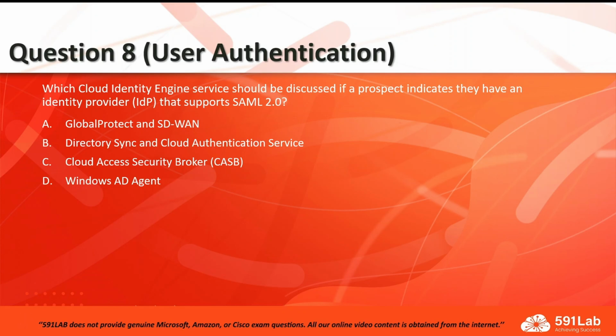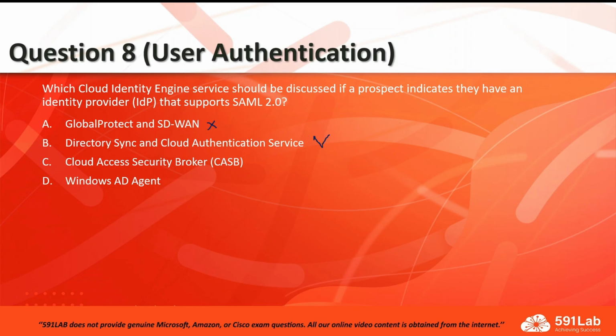From option A, whether we need to discuss the Cloud Identity Engine if we use GlobalProtect and SD-WAN, the answer is no, because it is not the direct approach for the SD-WAN solution. And then we go to option B, Directory Sync and Cloud Authentication Service. The Cloud Identity Engine supports SAML 2.0 for Directory Sync and the Cloud Authentication Service.